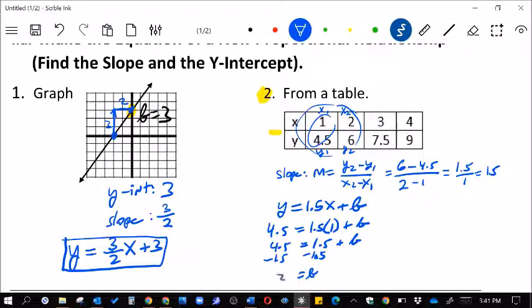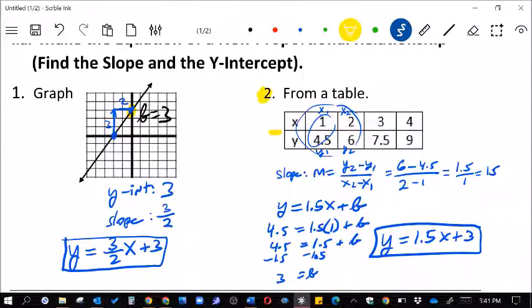So b is equal to 3, which allows us to do y is equal to 1.5x plus 3. Well, I could have made this into a fraction of 3 over 2 if I doubled both of them. But 1.5 is the decimal form of 3 over 2, which means these two are the same.